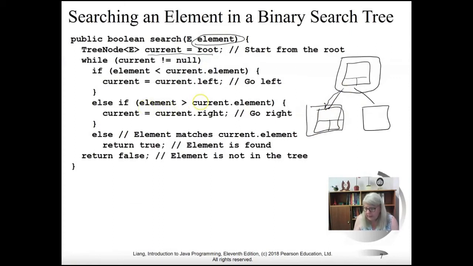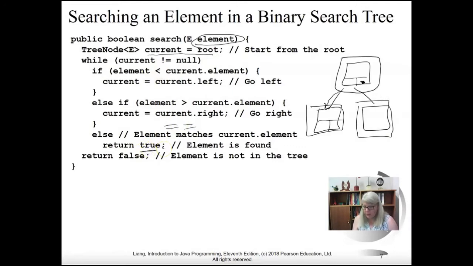If the element is larger than current dot element, I want that right to become my current. And else, meaning it is equal, then I have found it.